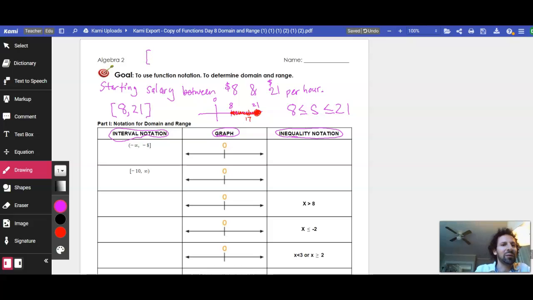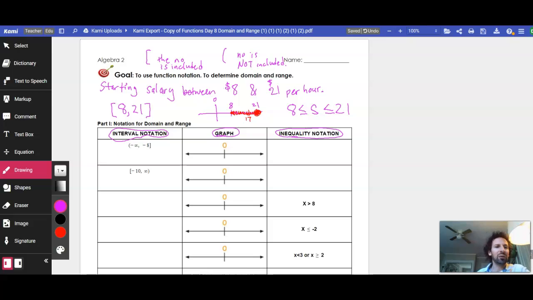So again, brackets means the number is included, and parentheses means the number is not included. That means all numbers up until 21 if we had used parentheses.